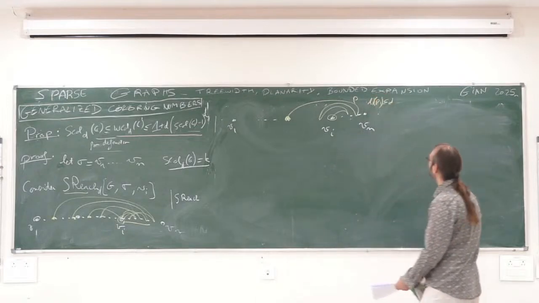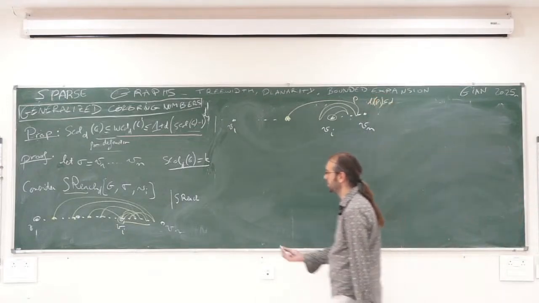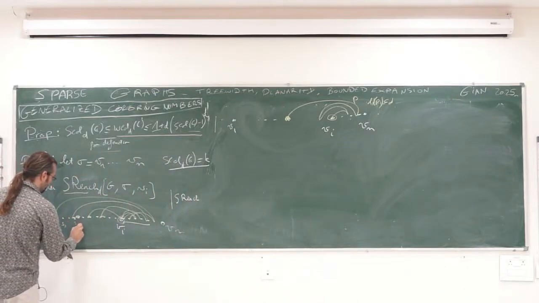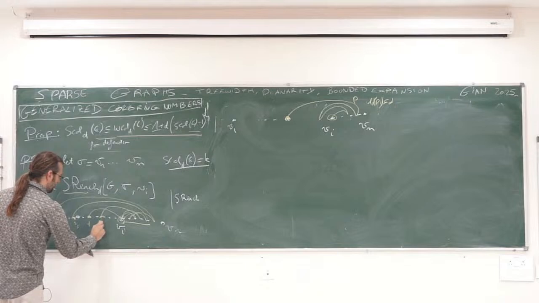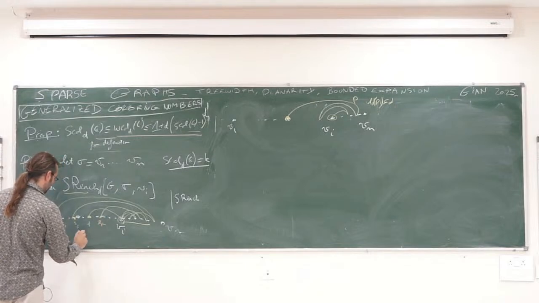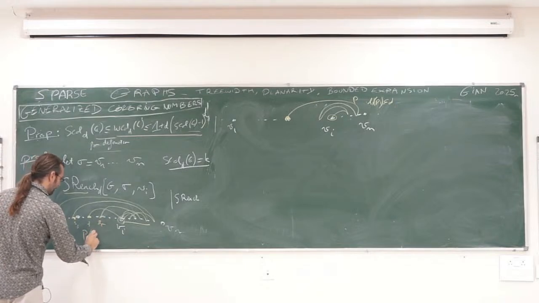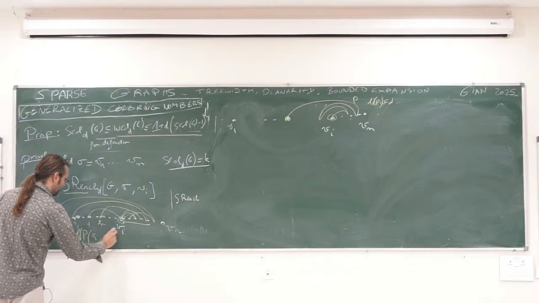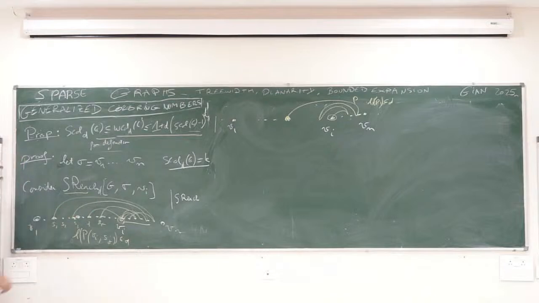So here we have s1, s2, s5, and every path here from vi to vj, all these paths have length at most d. This is the definition.